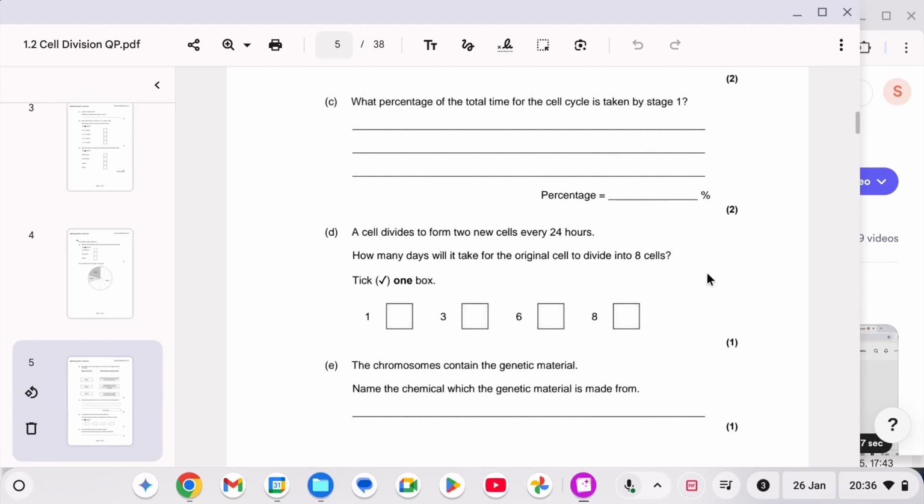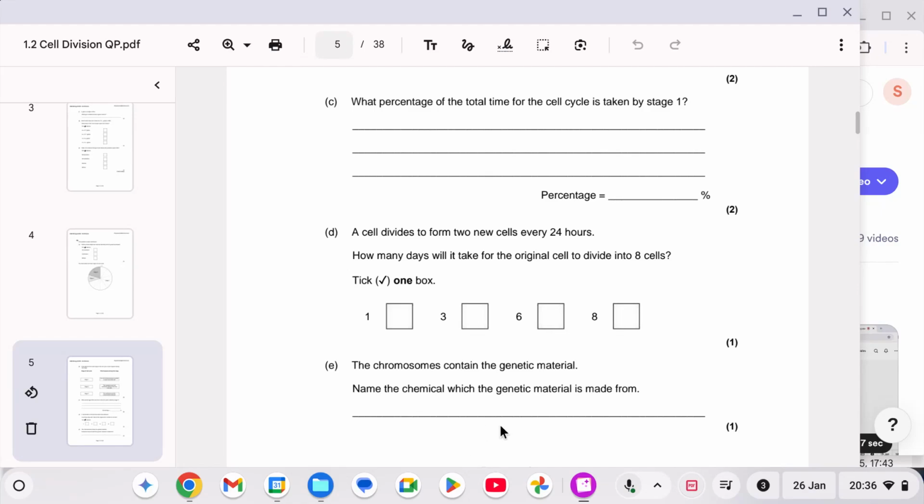So this is why I kept saying that 1 cell divides into 2, 2 into 4, 4 into 8, 8 into 16. So here, there'll be 2 cells after 24 hours. So after another 24 hours, there'll be 4 cells, and another 24 hours, there'll be 8 cells. So our answer is 3.